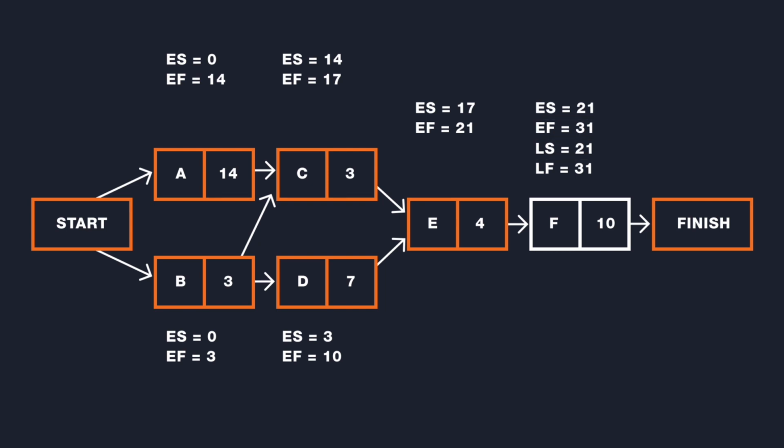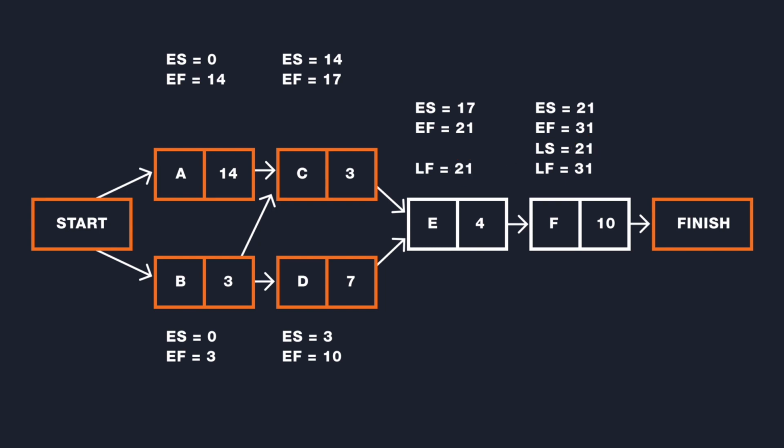We now continue to work backward through our network diagram. We move to activity E. The late finish for activity E is equal to the late start of its successor activity F. So the late finish for activity E is 21.